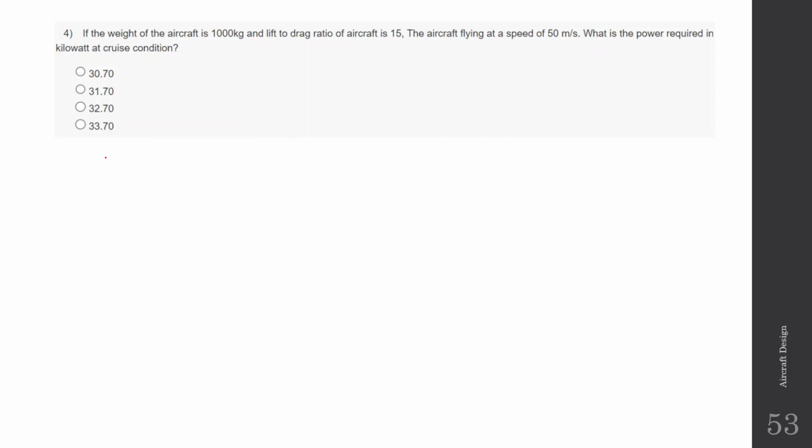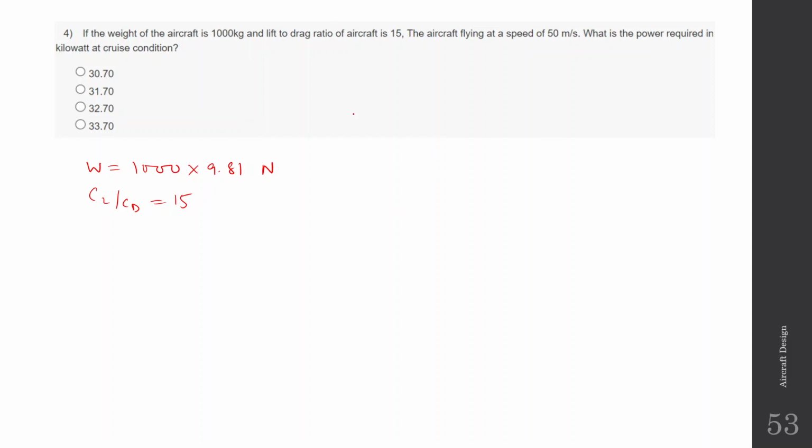The weight of the aircraft is 1000 kg, which we can write in newtons as 1000 into 9.81. The lift to drag ratio is 15. So now we can find out.